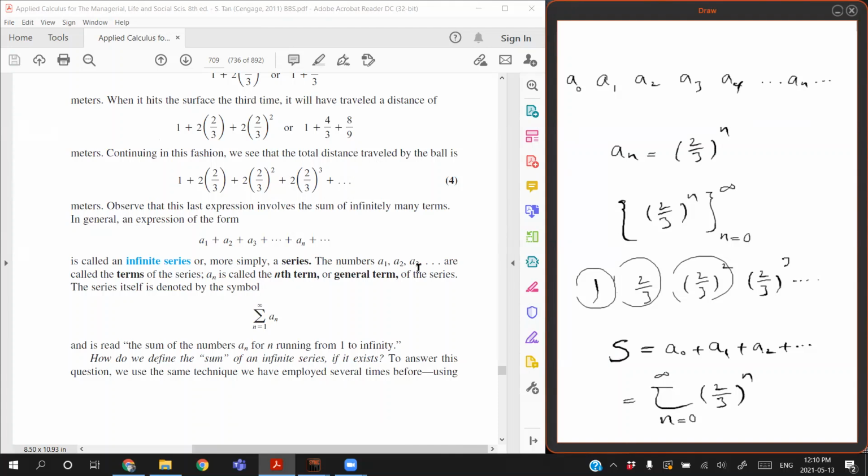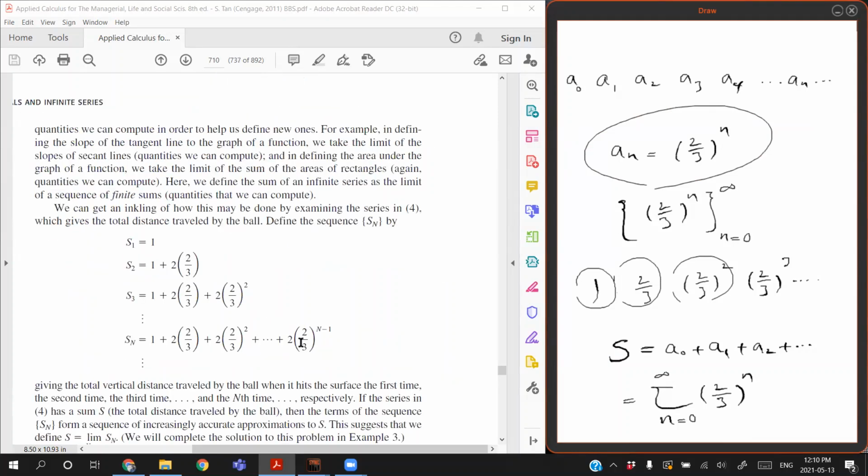These A1, A2, A3, or A0, A1, A2, A3, are called the terms of the series. An is called the general term of the series. And you can use the summation notation like this to denote a series.